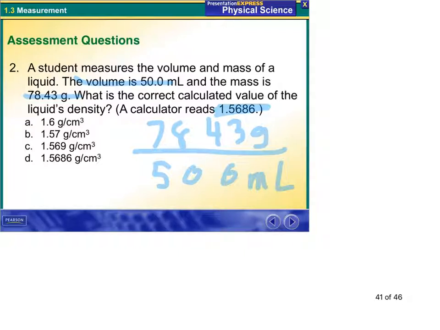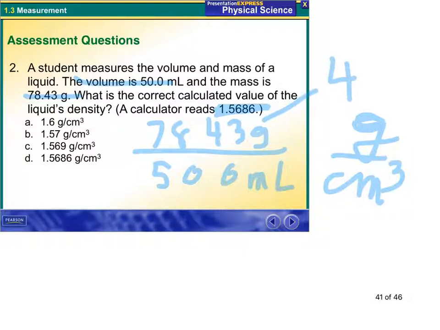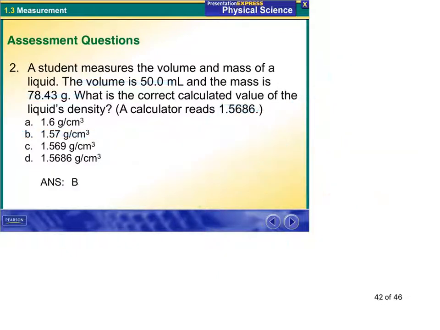A milliliter does happen to be the same thing as a cubic centimeter, so grams per cubic centimeter is another way we could express it, as they have here. We just have to round it to the correct place. And 78.43 has 4 sig figs, 50.0 has 3 sig figs, meaning we only get to keep 3 in our answer. And there's where we rounded it to 3. So our answer is B.